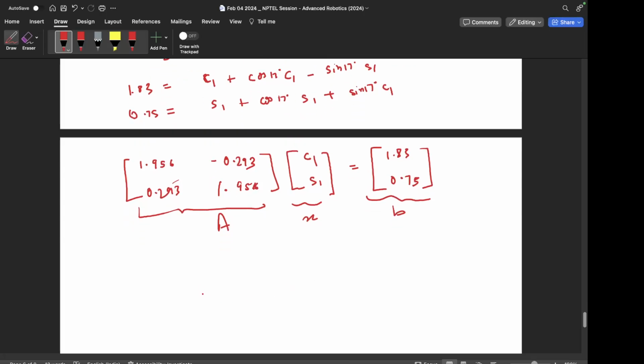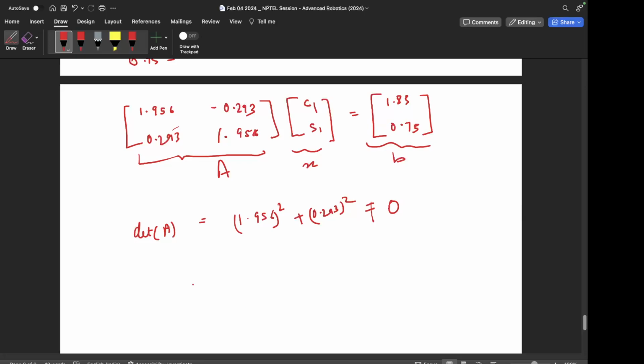Since A is a square matrix here, the determinant of A is 1.956 the whole square plus 0.293 the whole square, not equal to 0. So this means that A is invertible, right?